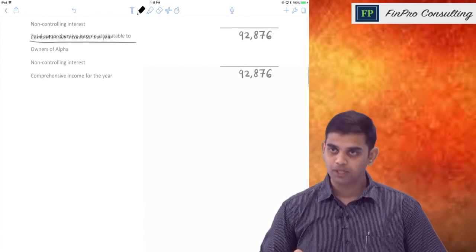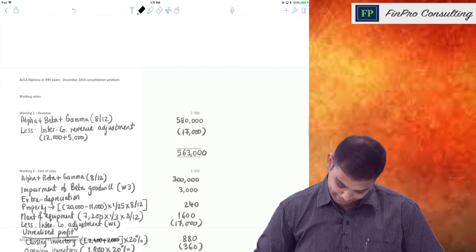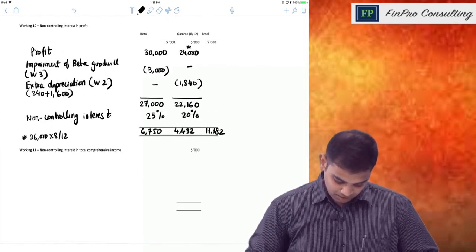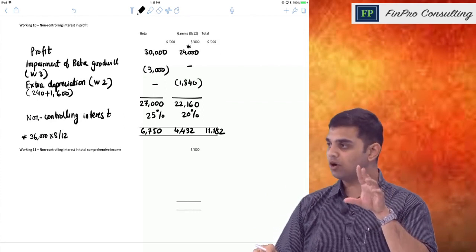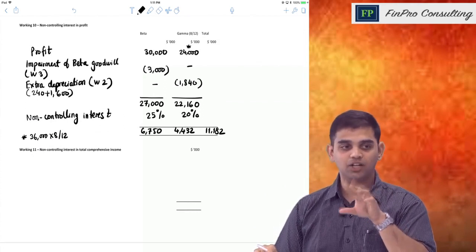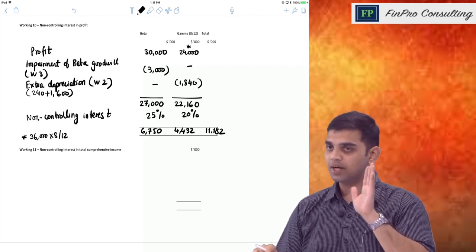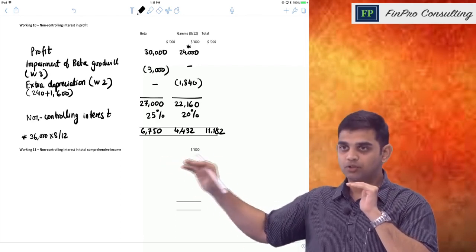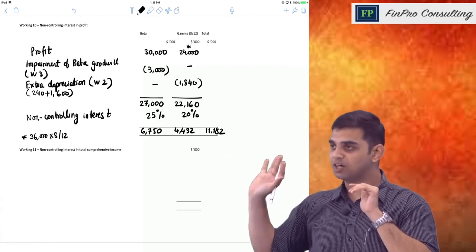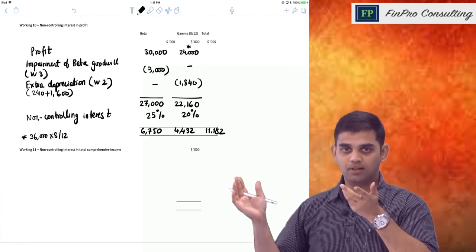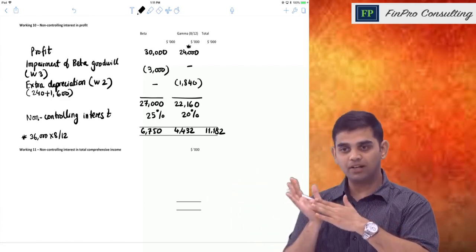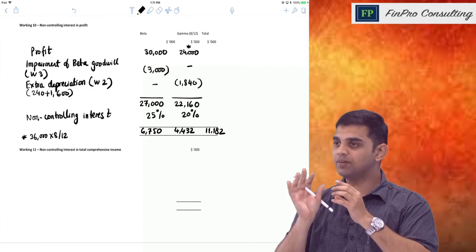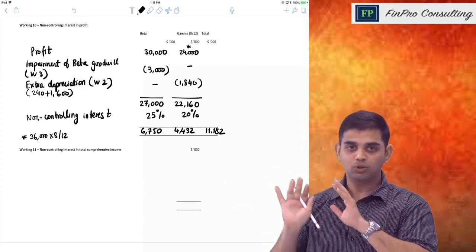Now working note number 11. See, now your total comprehensive income is the sum of net profit and other comprehensive income. Now we have already done work till net profit. So we have a starting point of 11,182 already. Are you getting me? Don't compute everything all along again. We just need to include amounts relating to OCI.